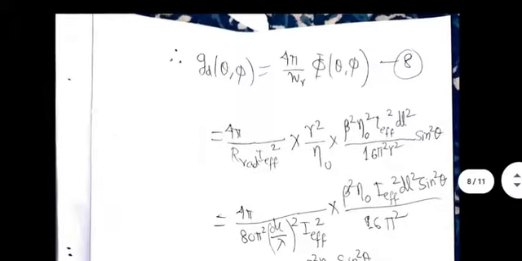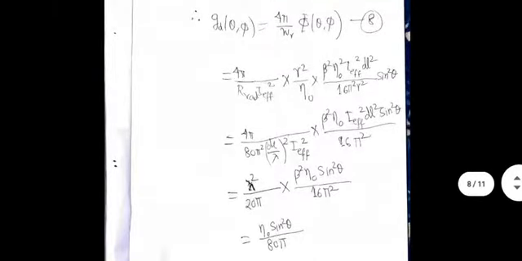So the radiation intensity in a theta phi direction, after a lot of simplifications, a lot of things cancel out here. What you get is 1.5 sine square theta. No, it's not radiation intensity. Sorry, this is the directive gain.